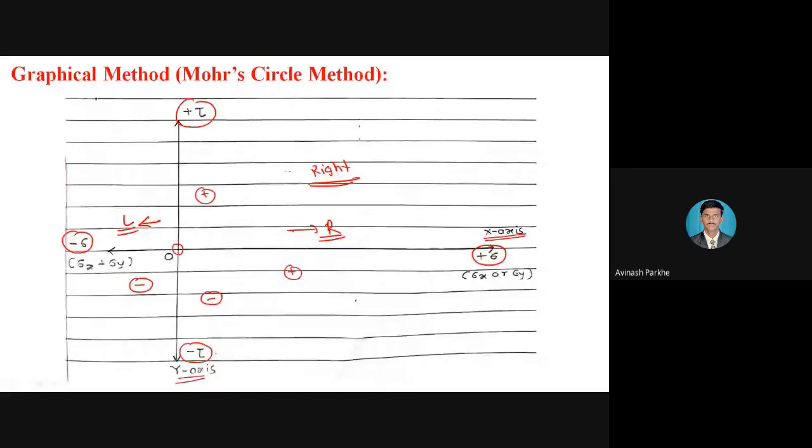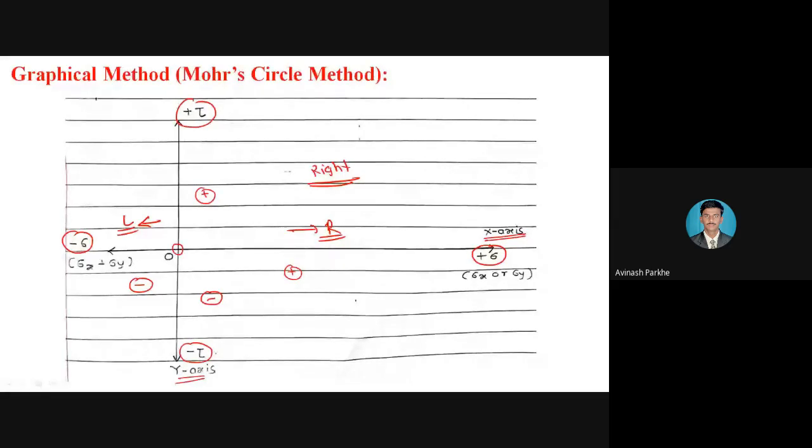If any stress is negative, either sigma x or sigma y, represent it at the left side. If shear stress is also given, positive shear stress is represented above the origin, and negative shear stress below the origin.